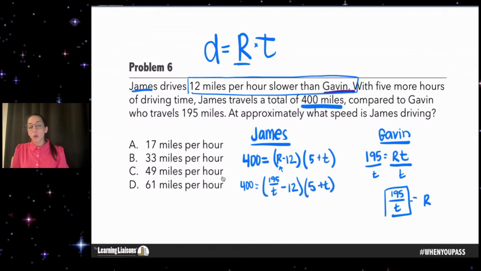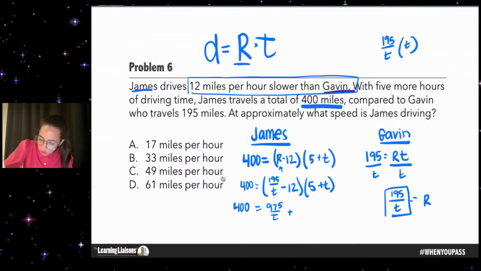This should look like a quadratic formula for my high school people, right? So now I can FOIL this out. 400 equals 195 times 5, 975 divided by T, plus 195 divided by T times T. Those T's are going to cancel, so that's just 195, minus 60 minus 12T.